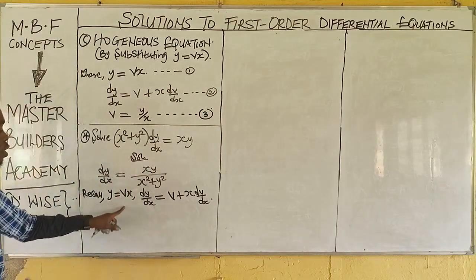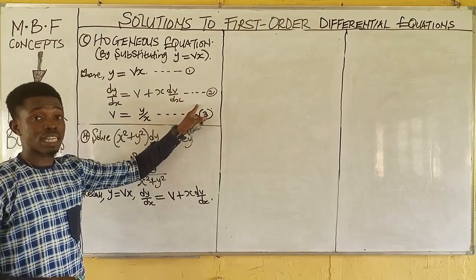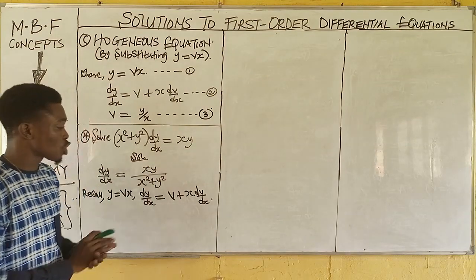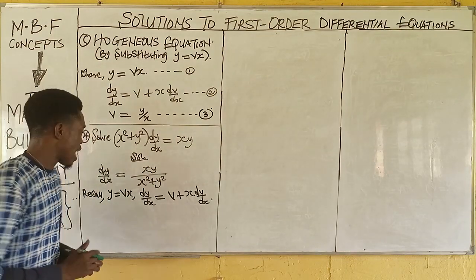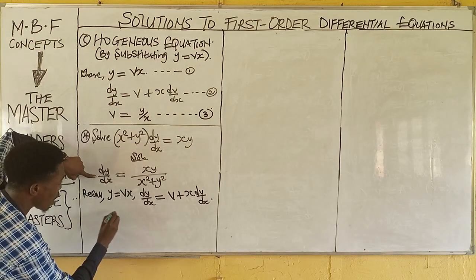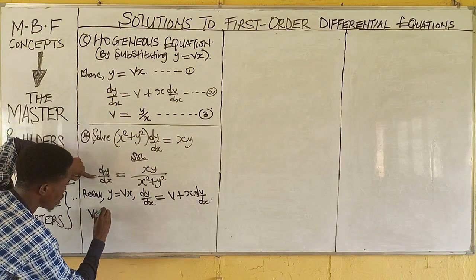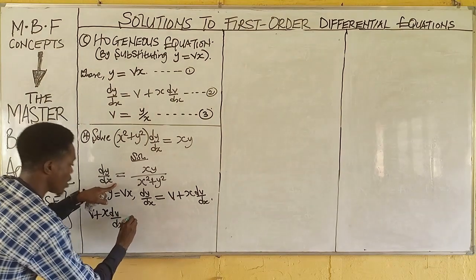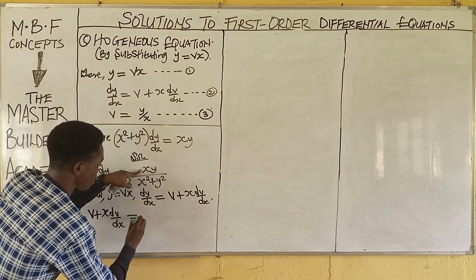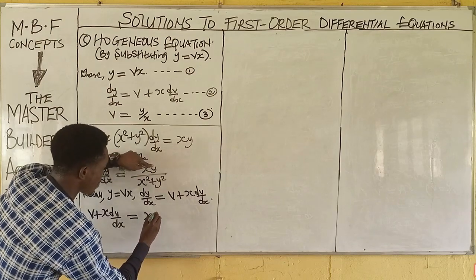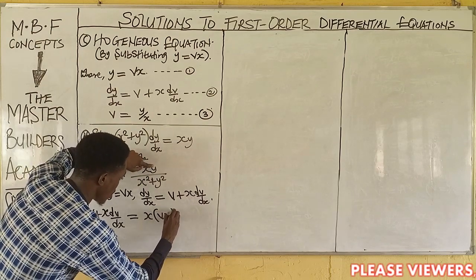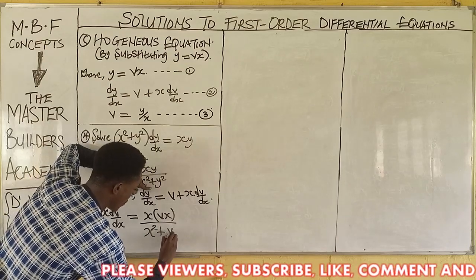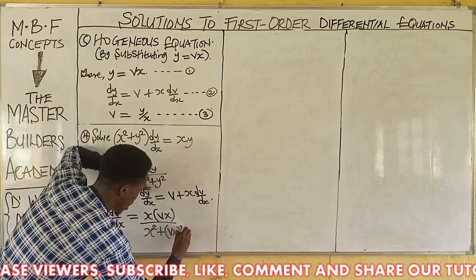So now these are equation 1 and equation 2 that we just have, and we are going to substitute equation 1 and 2 into the given equation simultaneously. And how do we have that done? We will replace this by v plus x dv over dx is equivalent to x times vx all over x squared plus (vx) all squared.